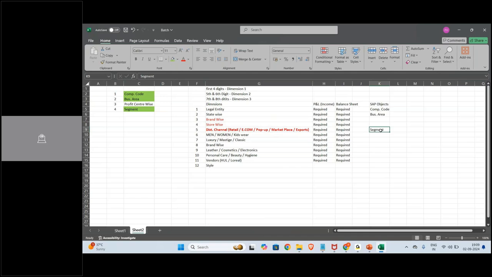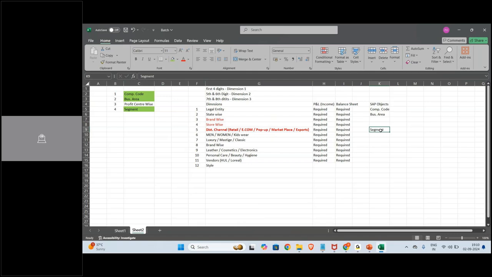But how will you do this distribution channel for FI purchases, asset purchases? You are paying salary to your staff. That staff may be only meant for leather products, or only meant for pop-up sales or marketplace. But how will you distribute it?